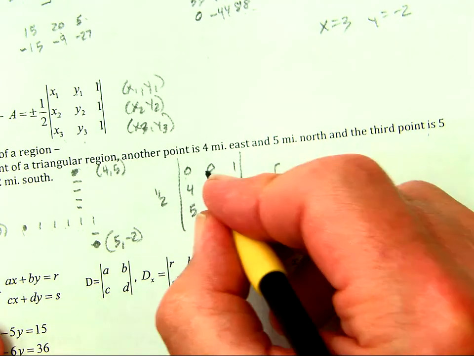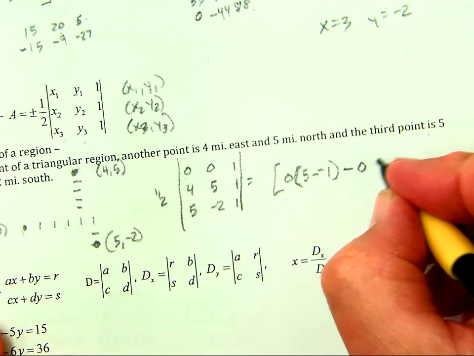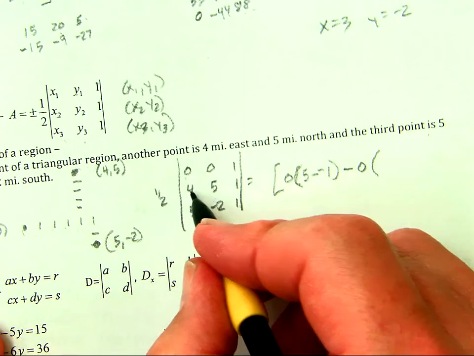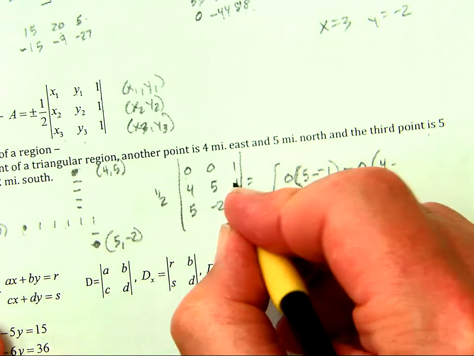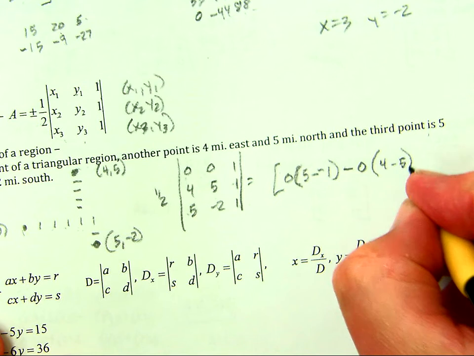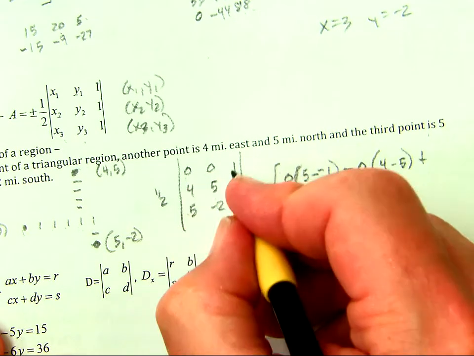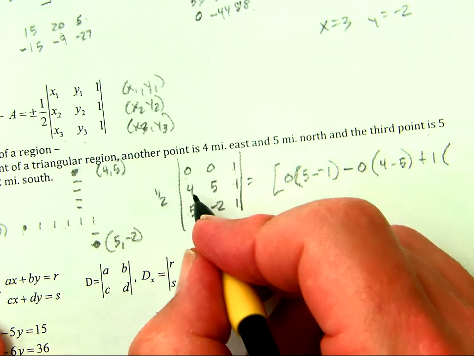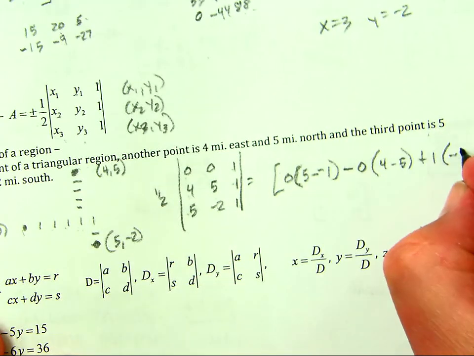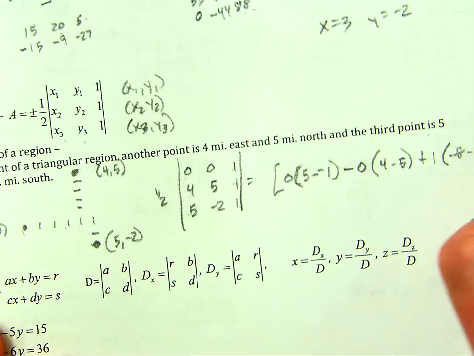Then minus, we always took minus the second one, minus 0 times, now we do the outside 4. 4 times 1 is 4, minus 1 times 5 is 5. Then plus, now we do the last one, which is 1. Now we do the lower left 4. 4 times negative 2 is a negative 8, minus 5 times 5, 25.